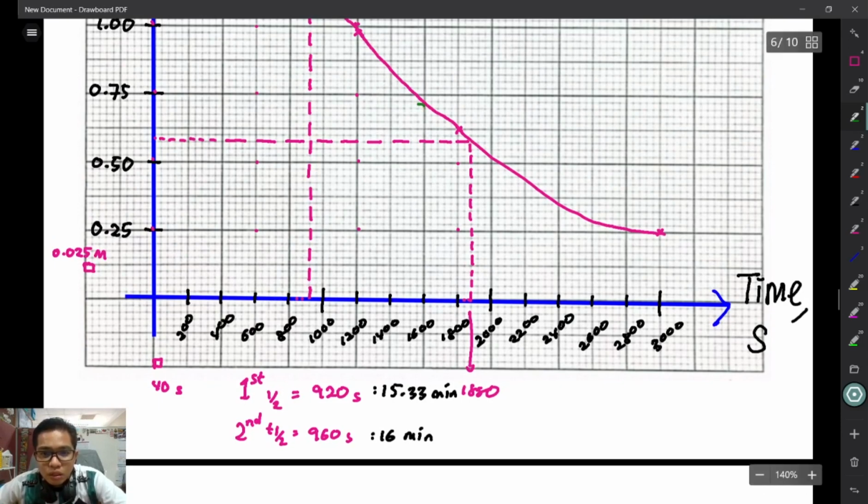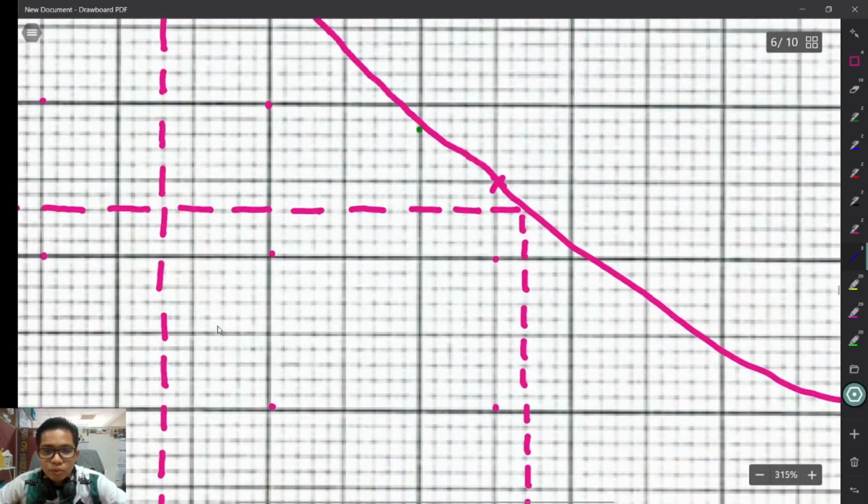Gariskan sampai mana atas bawah tu. Zoom sikit. 1,600. Sampai ambil yang atas tu.